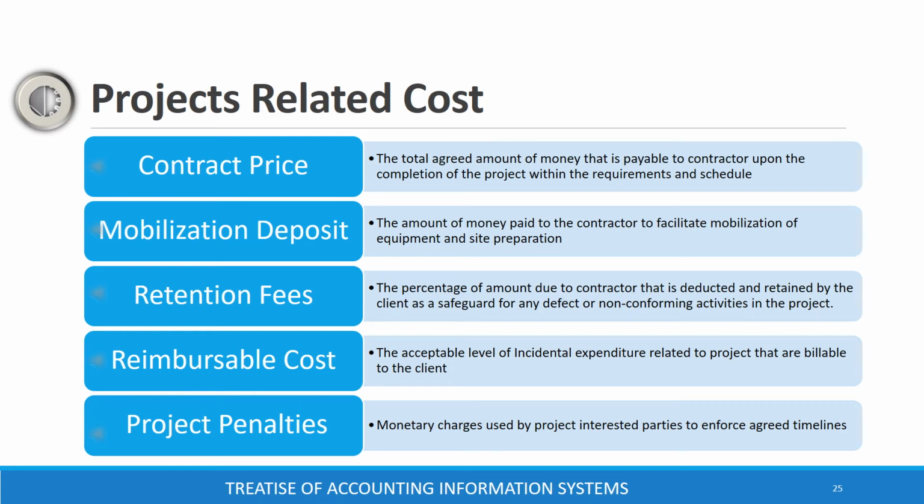Mobilization deposit is the amount of money paid to the contractor to facilitate mobilization of equipment and site preparation. Retention fees is the percentage of the amount due to the contractor that is deducted and retained by the client as a safeguard for any defect or non-conforming activity in the project.